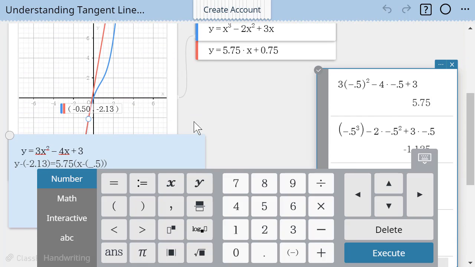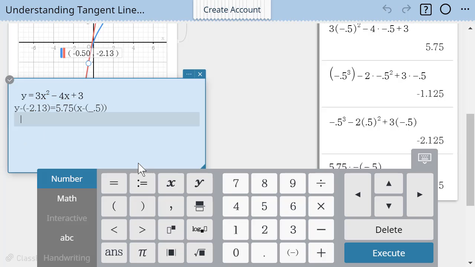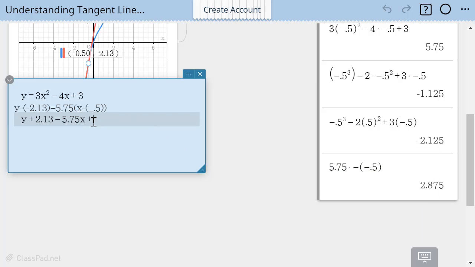That gives me negative 2.875. So now what's my equation? I'm going to go down to my next line here. I have y plus 2.13, let's change this to, because two negatives make a positive, equals 5.75x plus 2.875.